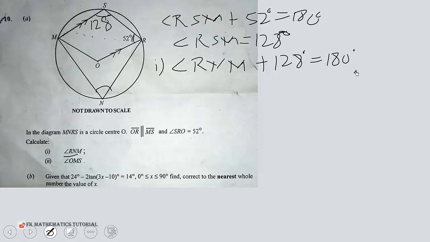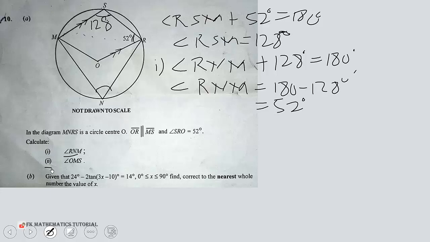The opposite angles are supplementary. So it means that angle RNM is equal to 180 minus 128 degrees, which is 52 degrees.